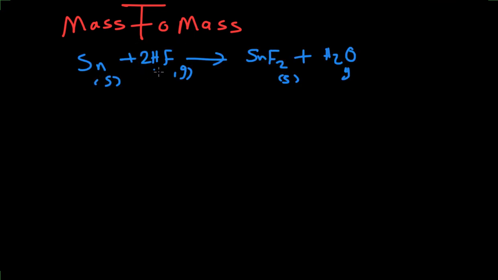Tin reacts with hydrofluoric acid to form tin fluoride and H2O. You know, tin fluoride is used in some toothpastes. It's made by reaction of tin and hydrofluoric acid. Okay, so we have a question here.